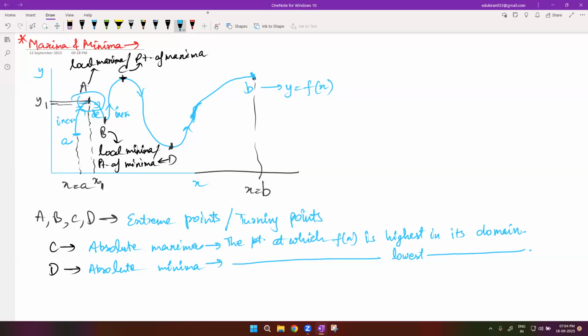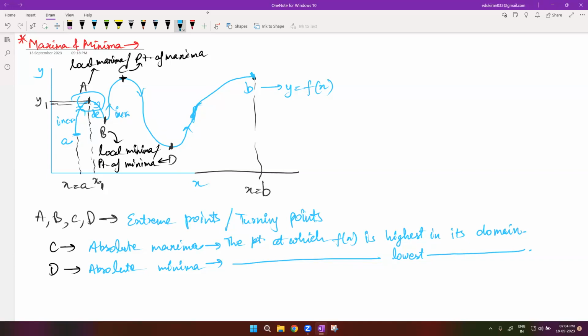So these are the points at which fx is highest in its domain. Whatever its domain is, whatever values you can give to your fx, c will be the point at which fx will be giving you highest value at all the axes. If you consider all the axes, then c will be that point.